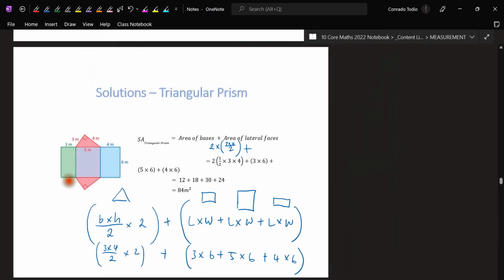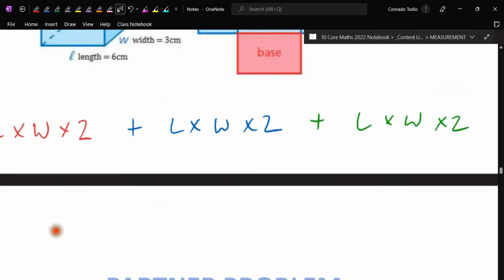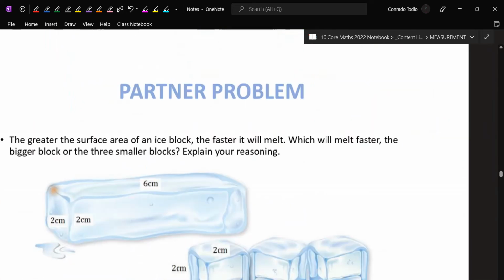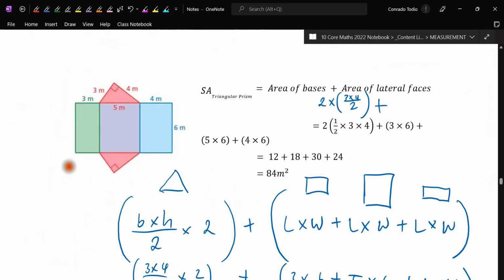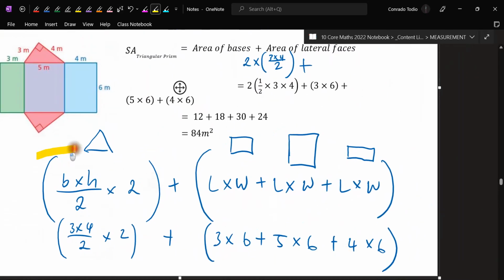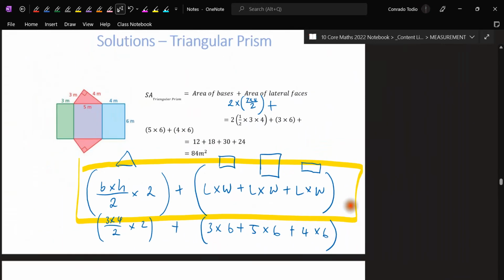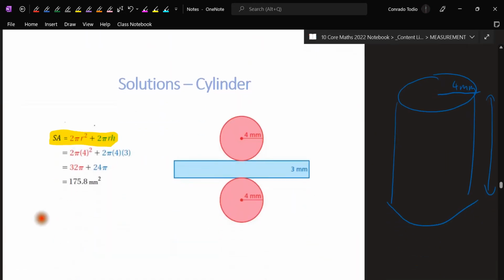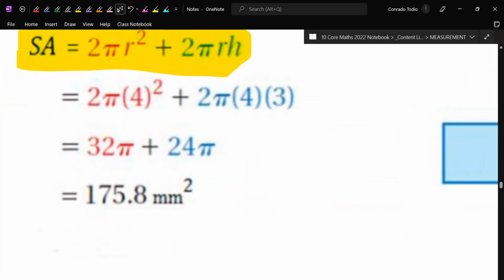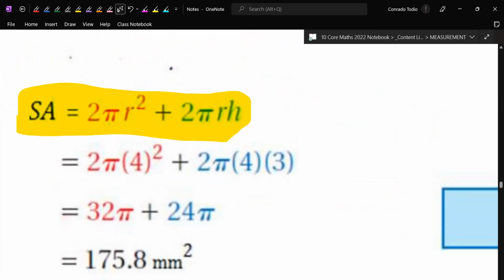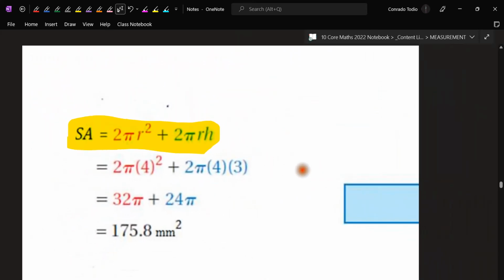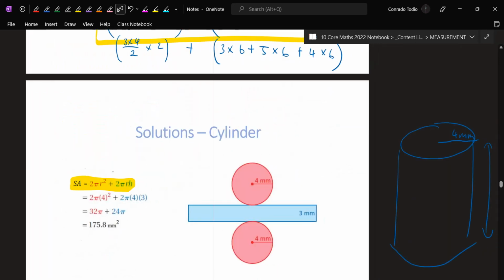You've got your rectangular prism formula, which is that. You've got your triangular prism formula, which is this. And then you've got your cylinder formula, which is that one right there. Those 3 formulas you will need to use when you're trying to find surface areas of certain shapes.